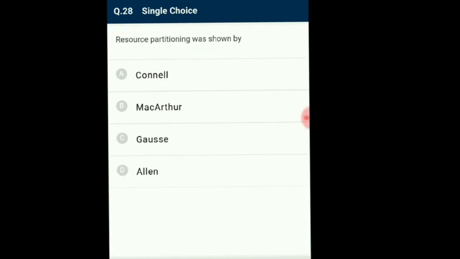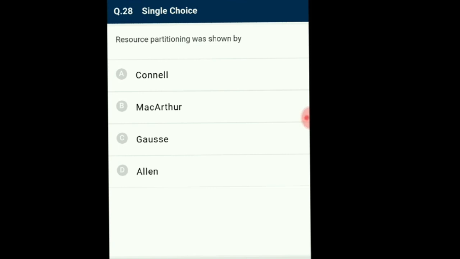Resource partitioning was shown by... Connell's elegant experiment showed that on the rocky sea coast of Scotland, the intertidal area is dominated by the larger barnacle called Balanus. It eliminates the smaller barnacle Chthamalus from this area. Gause's competitive exclusion principle states that two closely related species competing for the same resources cannot coexist indefinitely and the competitively inferior one will be eliminated eventually.